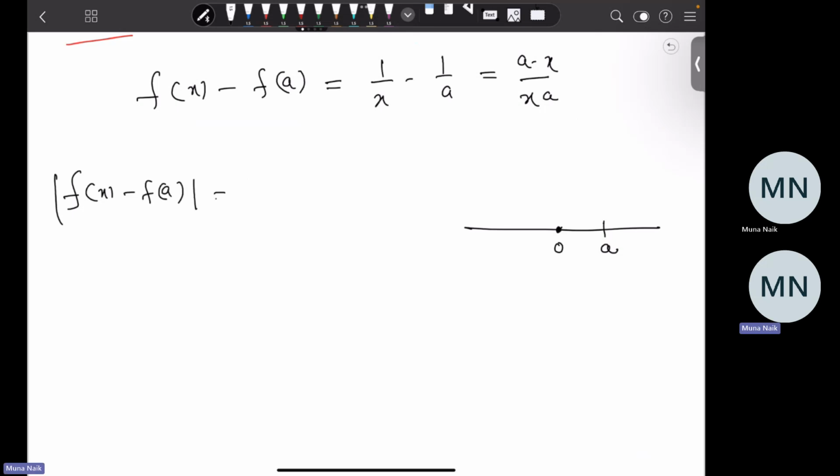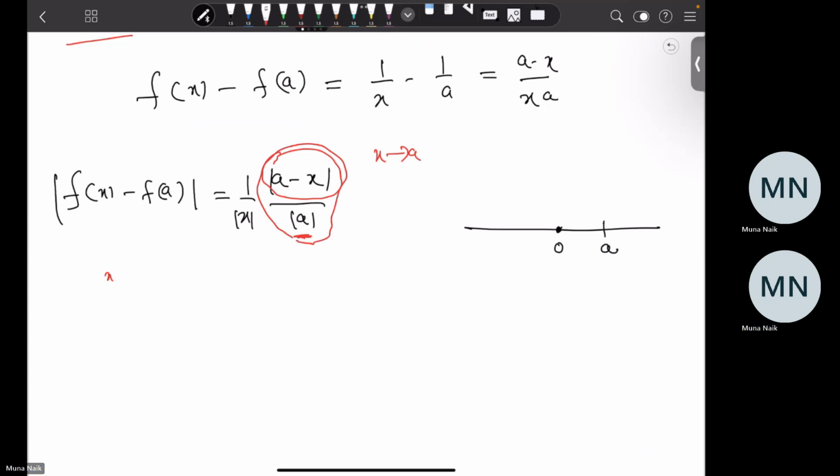Now mod of f(x) minus f(a) is nothing but mod of (a minus x) times 1 by mod x times 1 by mod a. Observe that if x goes to a, then a minus x goes to 0, and this a is a fixed non-zero number, so this whole thing will go to 0.